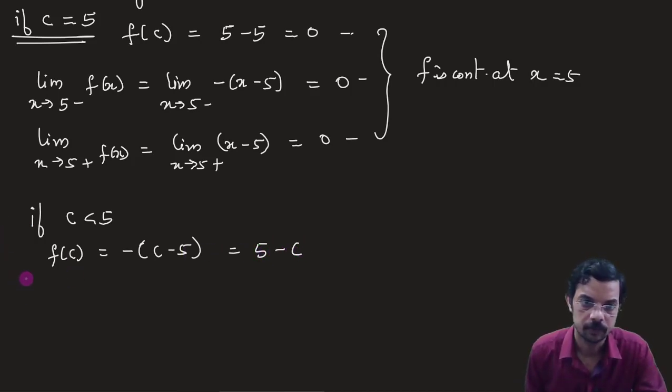Now, for limit x tends to C, f of x, here it is less than 5, so it is defined like this.